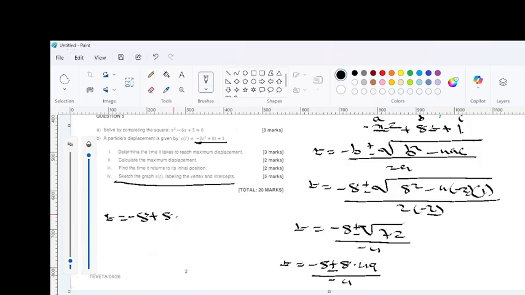What is negative 8 plus 8.49? That is 0.49. Divided by negative 4, we're going to have negative 0.1225, as in the first one. Let me erase this part.